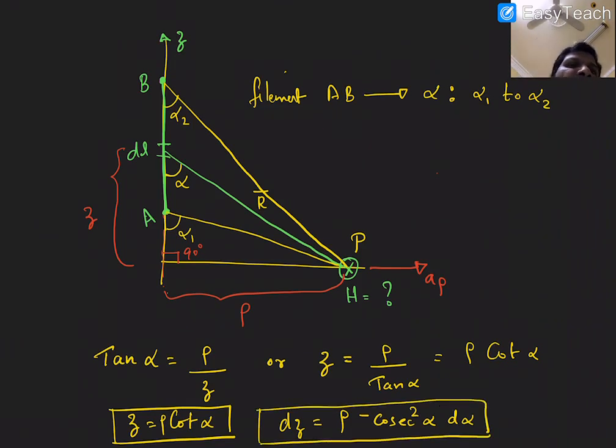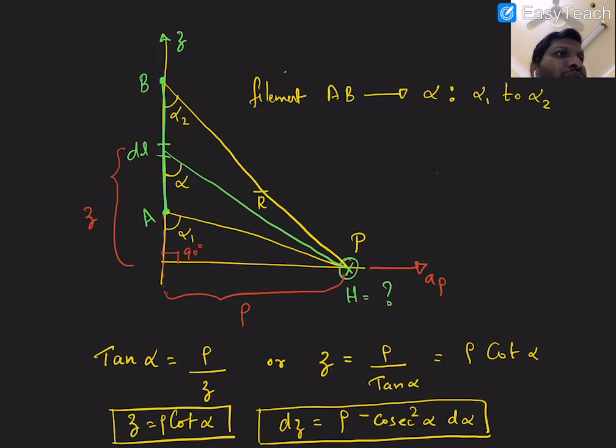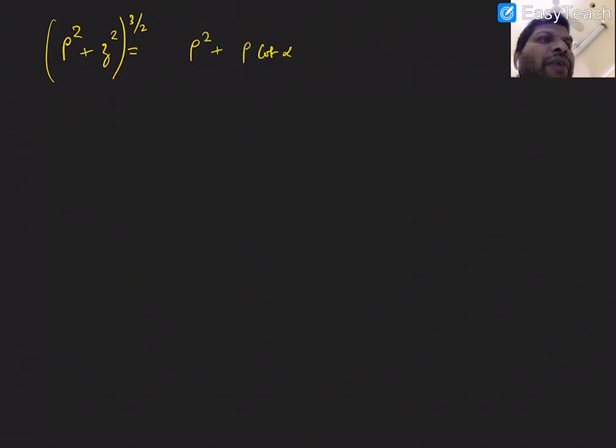Now we will see the other term, that means rho square plus z square, the whole power 3 by 2. What is rho square plus z square? z is equal to rho into cot alpha, so rho square plus z square will be rho square plus rho square into cot square alpha, the whole power 3 by 2.